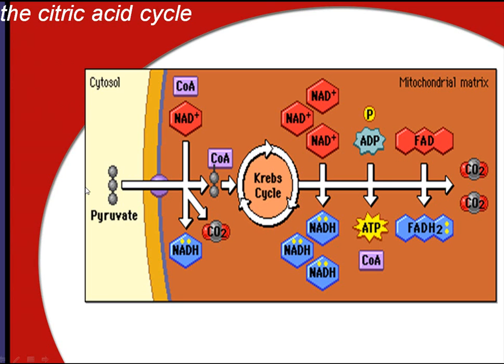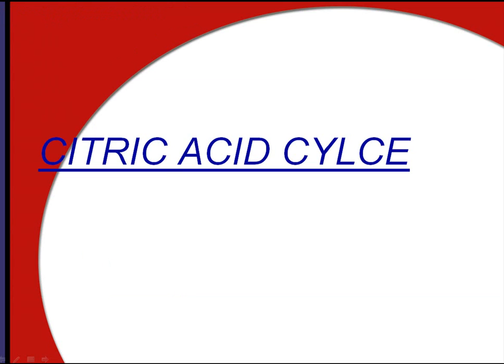Pyruvate is now completely oxidized to the inorganic molecule of carbon dioxide. Where is the energy that was stored in all of these sugars? Right here in the NADHs and FADH2s. Complete oxidation. Now let's watch a video that summarizes these two reactions as well.